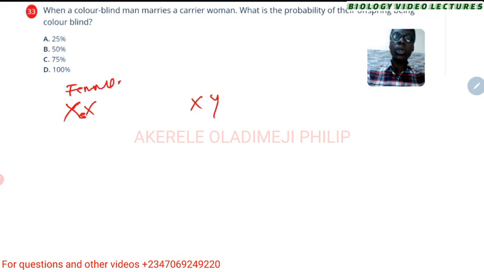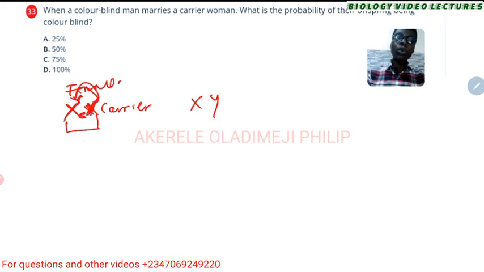Because it is only one X chromosome that has that issue, the normal X chromosome can correct the mistake. So anyone that has something like this is called a carrier, because it's only one X chromosome that has the disease. It will not manifest on the person, because the normal chromosome will suppress the effect.